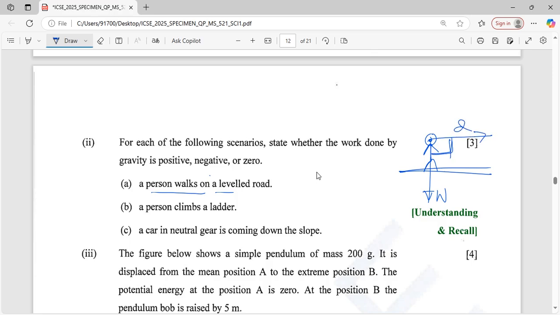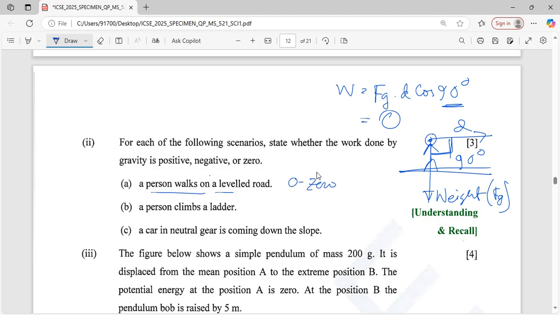The angle between these two is 90 degrees. Weight is also called Fg, force due to gravity. So work done equals Fg d cos 90. We know that cos 90 is 0, so that means 0 work done.